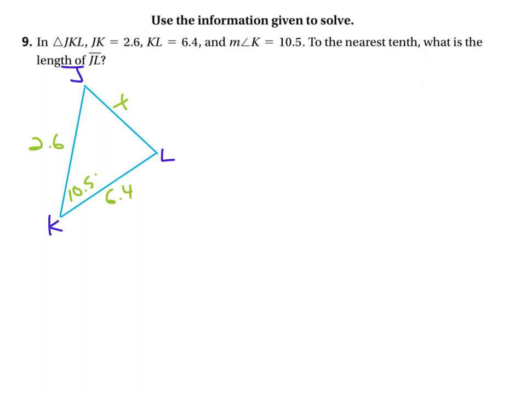If we had the general formula, and I will write it out here, typically you'll see it as c squared equals a squared plus b squared, just like a squared plus b squared equals c squared.